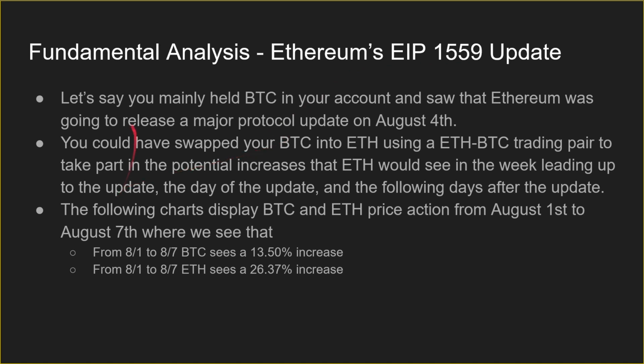Bitcoin at the same time, in late July, reversed out of the downtrend of the past 3 months. We're starting to shift the market structure to an upwards motion. There's a major update coming into Ethereum as well. You could have potentially traded your Bitcoin into Ethereum, rode up that percentage increase, and then swapped back into Bitcoin.